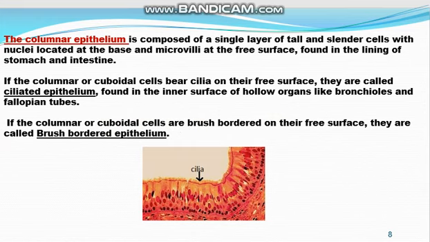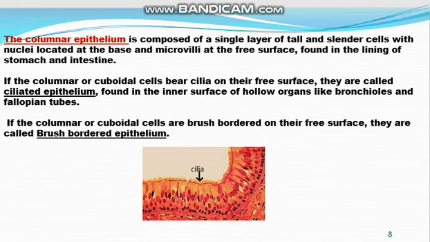So this is a diagram showing epithelium. It can be cuboidal or it can be columnar, and it has cilia on its inner surface. So this is ciliated epithelium, and if it has a brush border, then it is known as the brush bordered epithelium. So this is a type of brush bordered epithelium and ciliated epithelium.